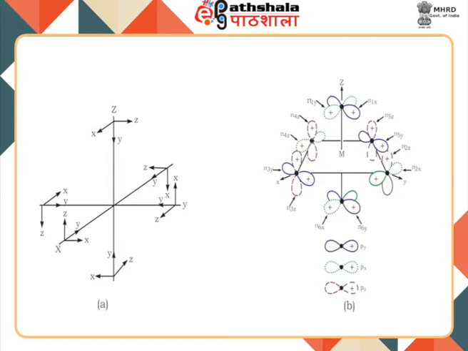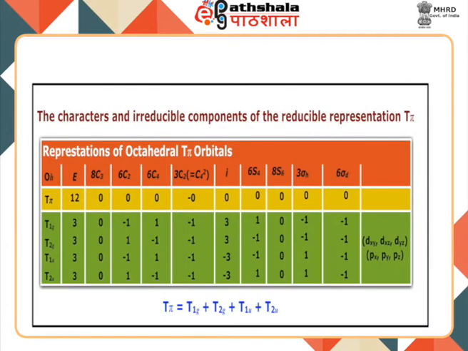The ligand group orbitals that can form the pi bonds in the octahedral complex come under 4 types of symmetry categories, which are known as T2g, T2u, T1u and T1g. Table 1 is the character table, which gives characters and irreducible components of the irreducible representation.